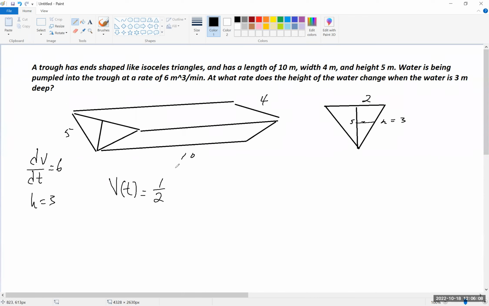So the length of the trough is 10, and then it's the width and the height of the trough. 10 is a constant, and then this piece and this piece is the area of the triangular part.